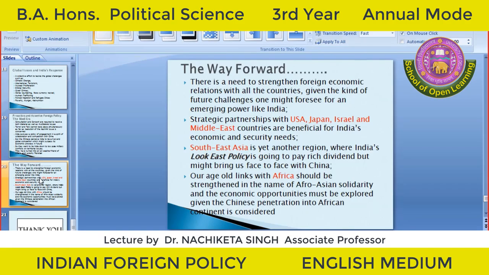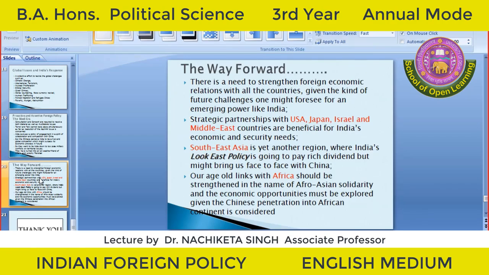So the process of globalization in itself has a deep impact on the making of India's foreign policy, because today India's foreign policy is known as India's foreign economic policy. So we will very briefly discuss in the next 15 minutes as to why and how these determinants have played their roles in the making of the foreign policy.